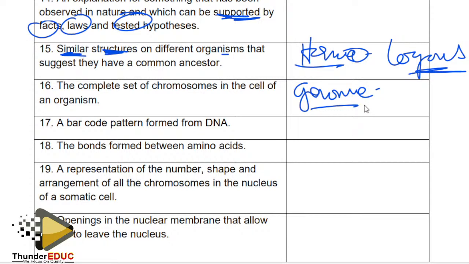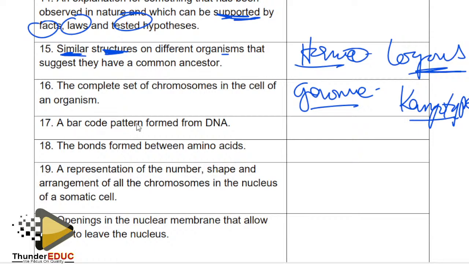Genotype is the description of an organism in terms of genetic composition, or in terms of genes. The complete set of chromosomes in a cell is a genome. When you talk about the arrangement of chromosomes, size and structure, that is the karyotype. I think I'm clear there.